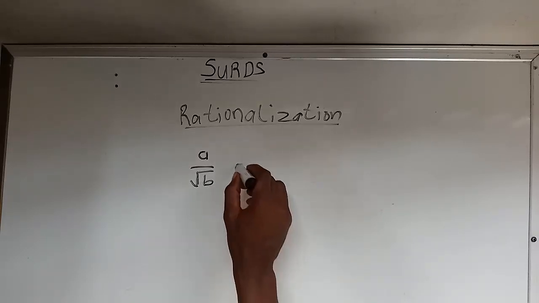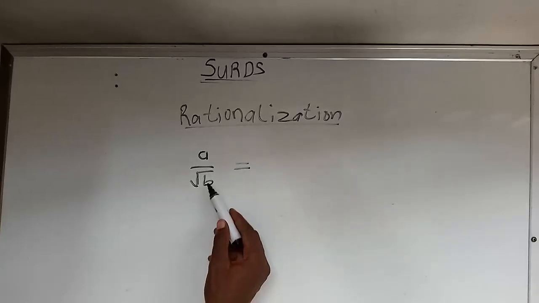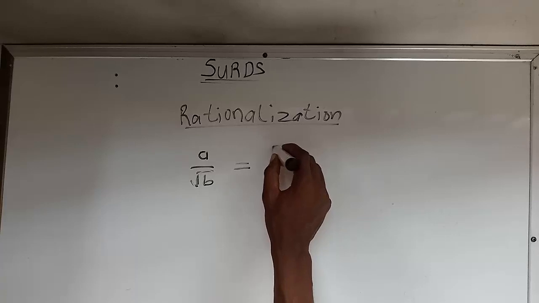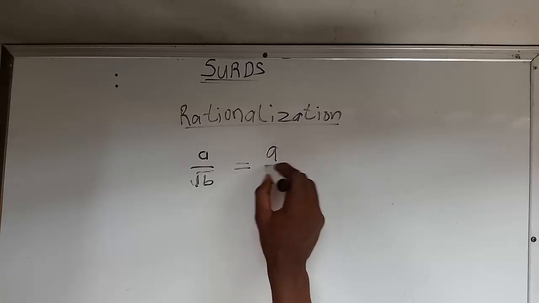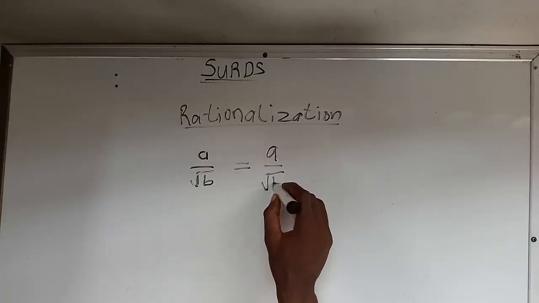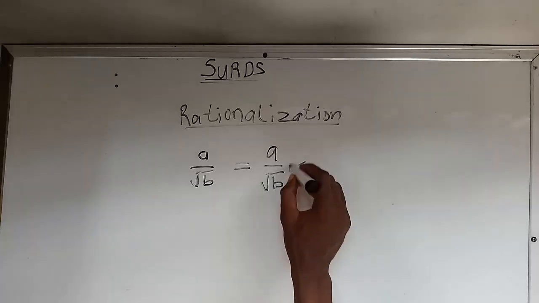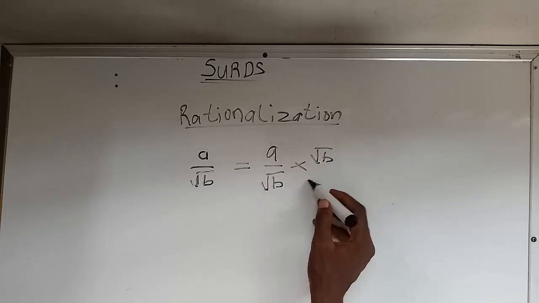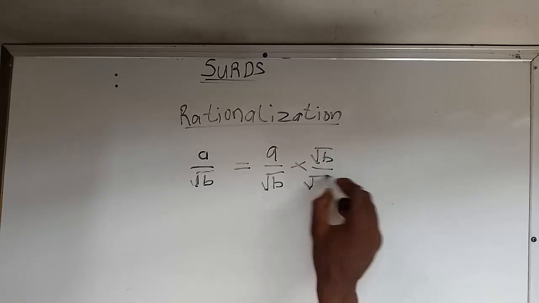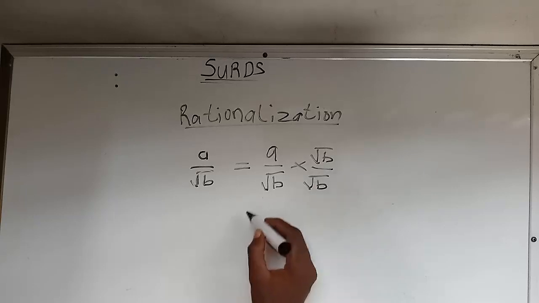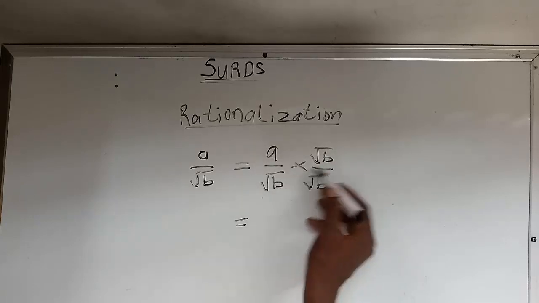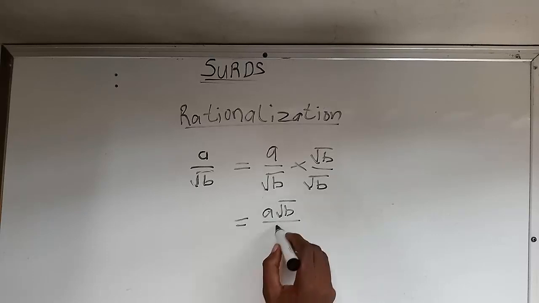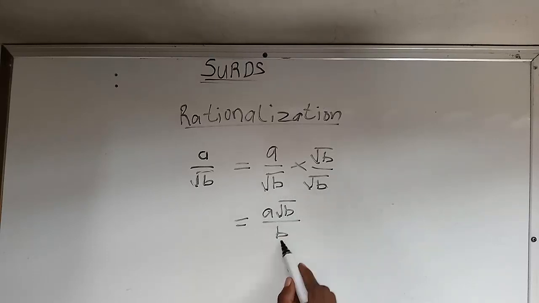So what do we do? We need to multiply both the numerator and the denominator by the surd in the denominator. So the surd in the denominator is root b, so we multiply the numerator by root b and the denominator by root b. So this will give us A root b, then root b times root b will give us b.